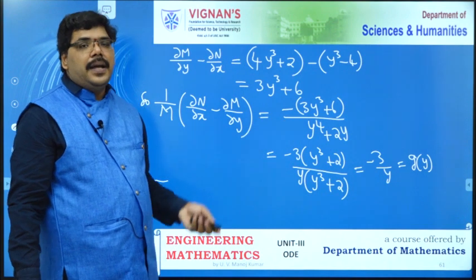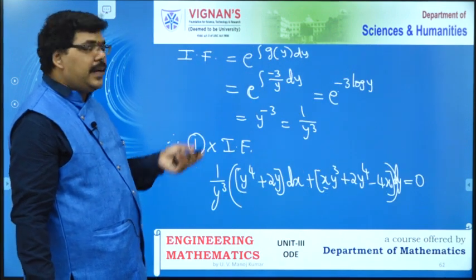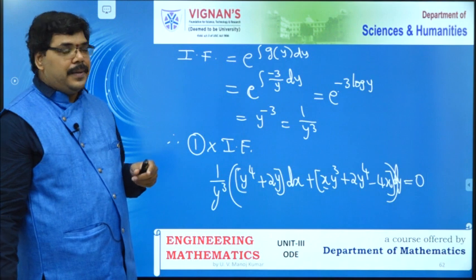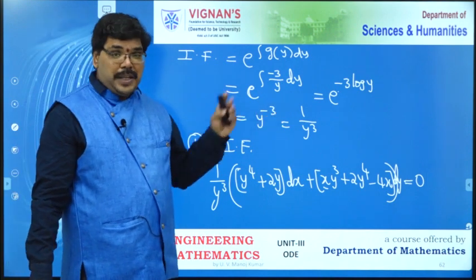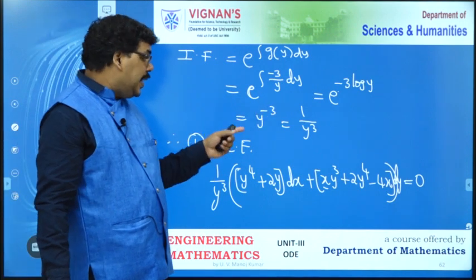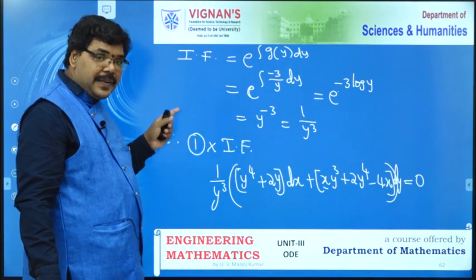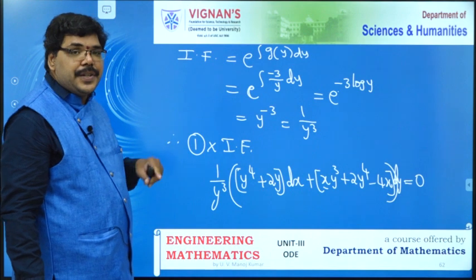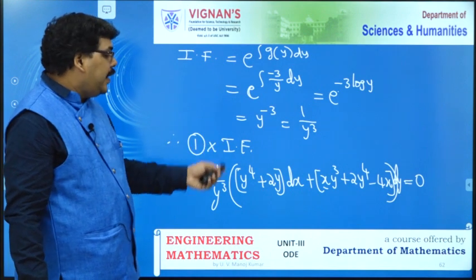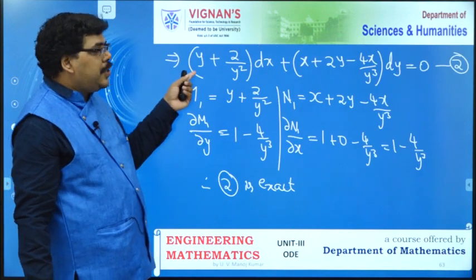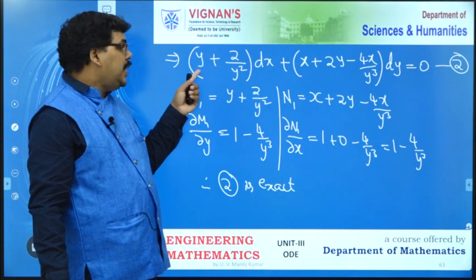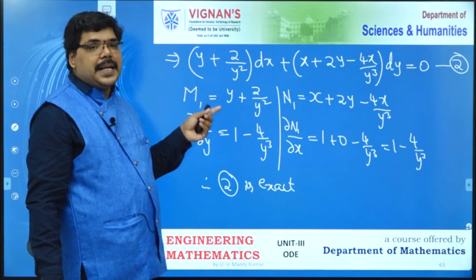So I am calling this g(y). So the integrating factor is e power integral g(y). So what is the answer? 1 by y cube. After calculating the integrating factor 1 by y cube, I multiplied that integrating factor with the given differential equation. So the given differential equation 1 is reduced into 2. So this equation 2 is exact.